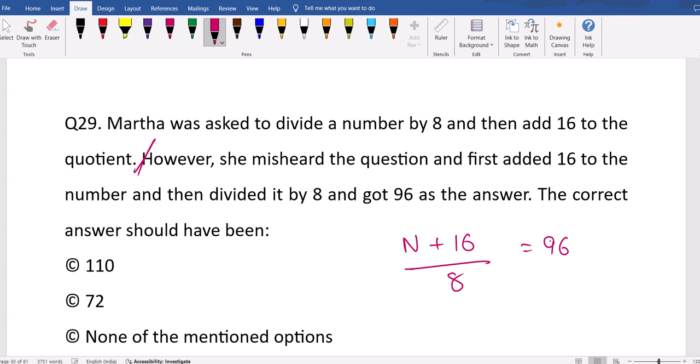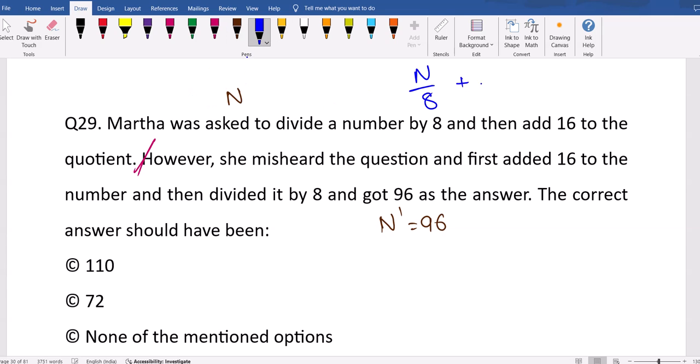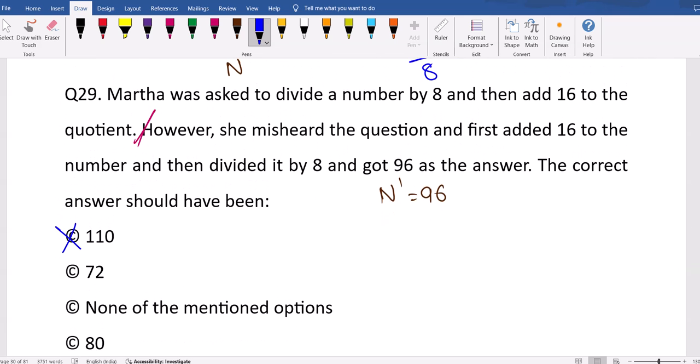Actually, what she should have done is divide the number by 8, then add 16 to the quotient value. This is the quotient value we'll get, so my answer should be divided by 8. It should be 72 or 80.